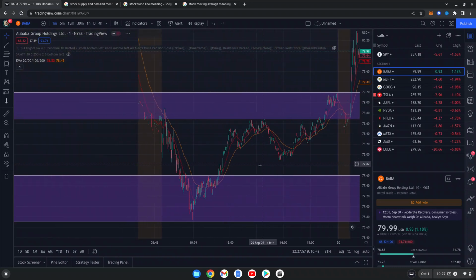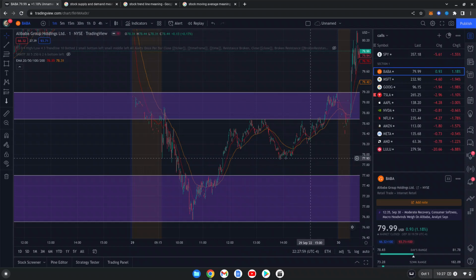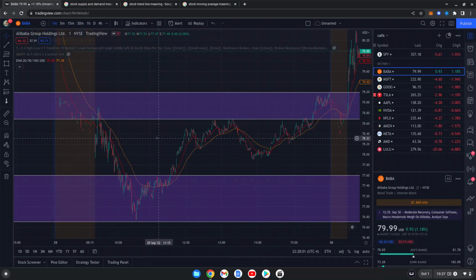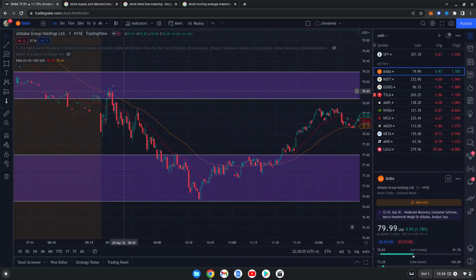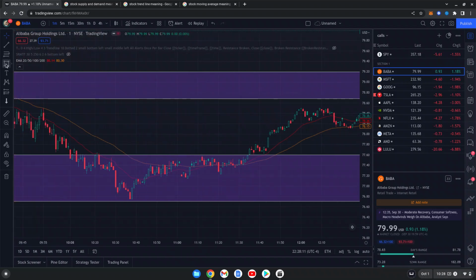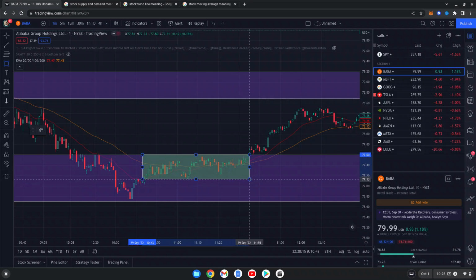If we go back into the day before, we see a similar thing but with a demand zone. We see the stock come down, come into our demand zone, and at this point, we are looking at this area here. When it comes into a supply and demand zone, demand doesn't always mean buy, and supply doesn't always mean sell.